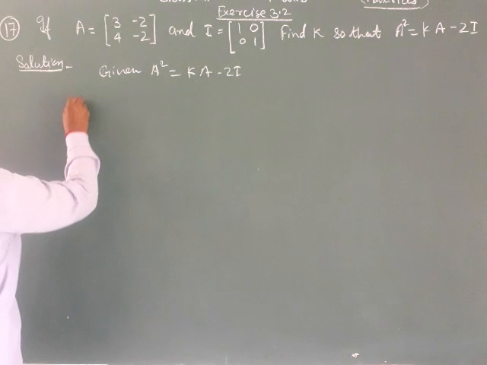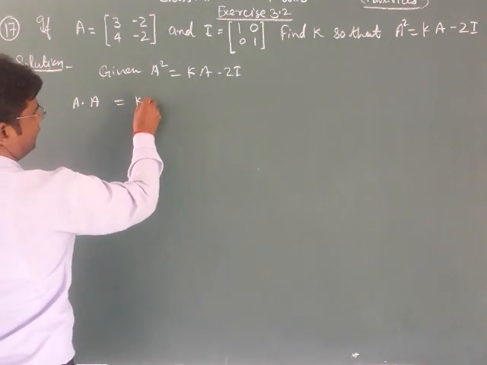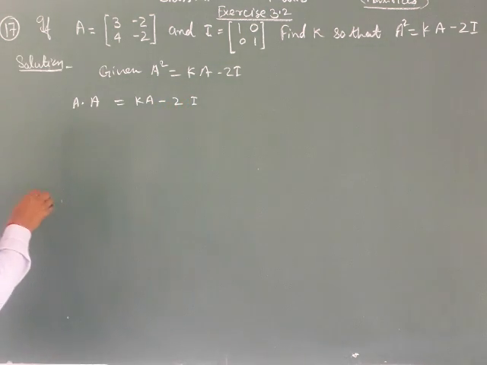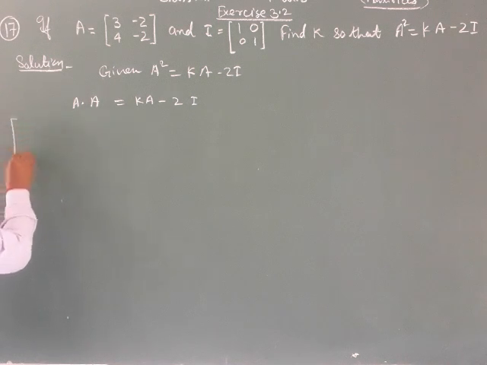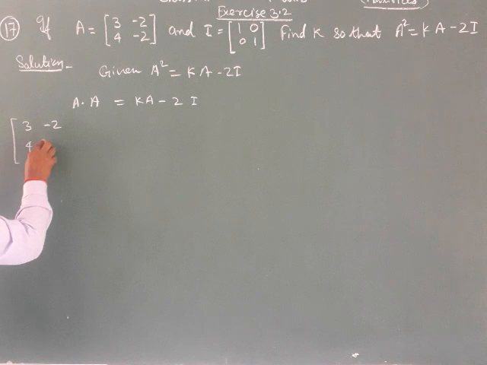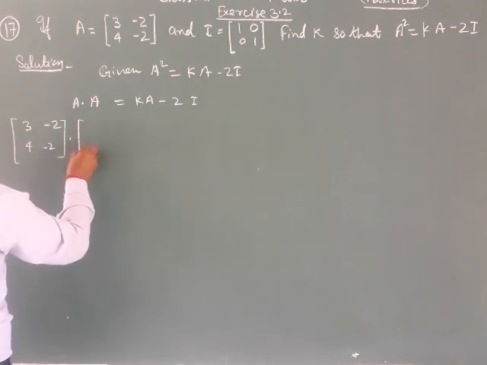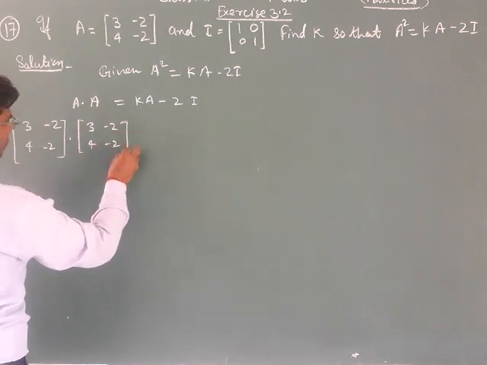A square means A into A is equal to kA minus 2I. So A means the given matrix 3, minus 2, 4, minus 2, and also A is 3, minus 2, 4, minus 2.